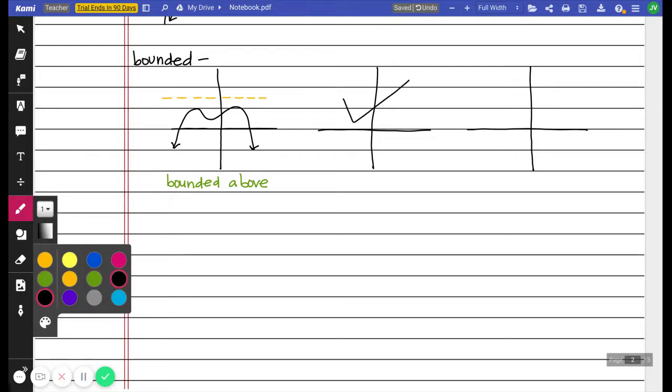The next graph, I'm going to put a horizontal line completely below the graph. This graph is bounded by a line below it, so we say bounded below. The third graph, kind of give it this wave action.